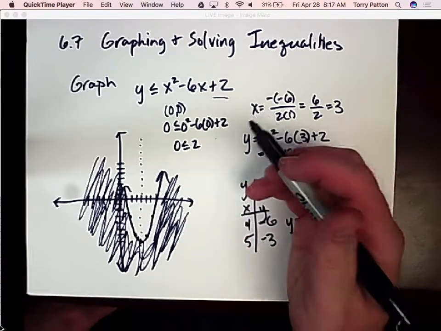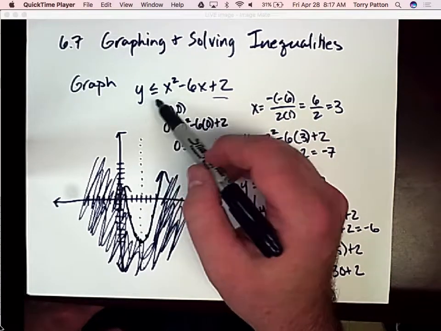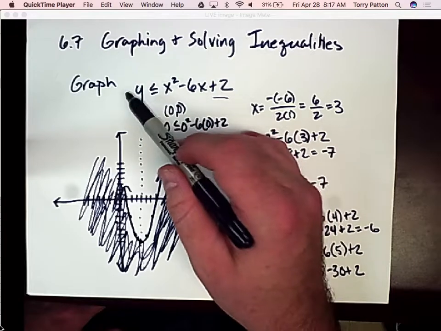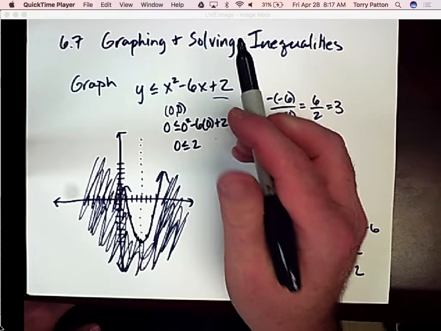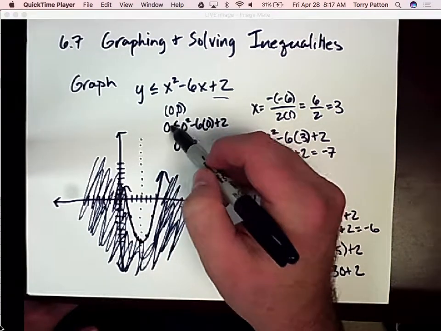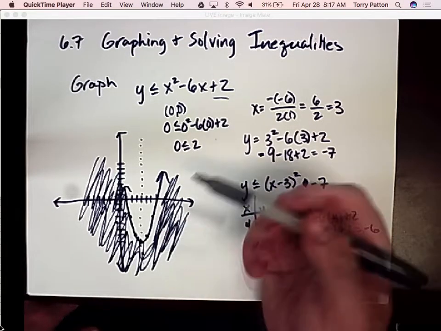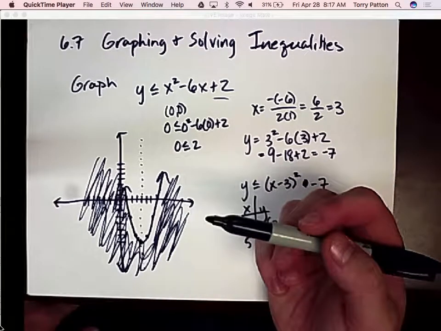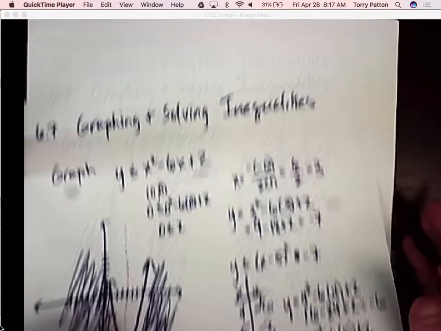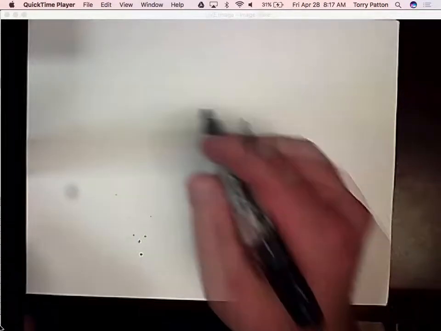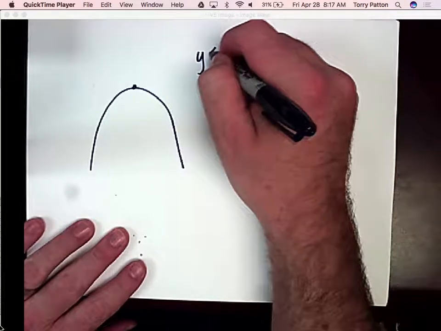Okay? The way I like to do it, so that's one way, and that's perfectly fine if you want to do it that way. What I do is, if you've got y is less than or y is greater than, so your y is on the left and everything else is on the right. If you go to the vertex, since it's less than, go down and shade wherever you end up. Okay? So let's say you had graphed this parabola, and it was y is less than or equal to blah, blah, blah.